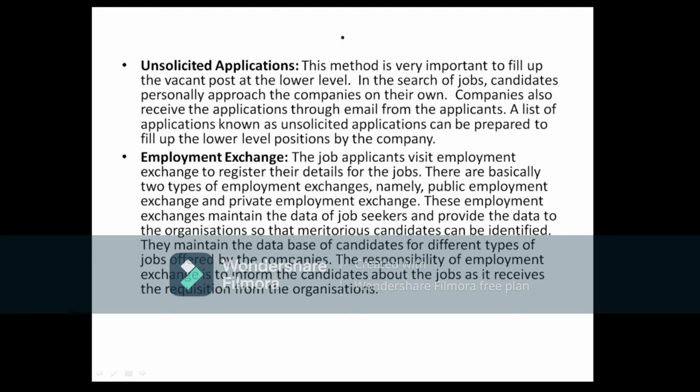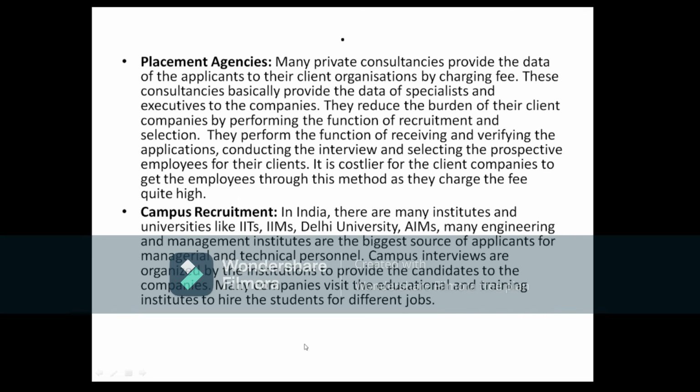Next, moving to the next slide, that is placement agencies. Now in this case, there are various placement agencies. The job of these placement agencies is to provide the CVs or the profile of the candidate to the employer, and they also charge some fee from the employer for providing the biodatas and CVs.